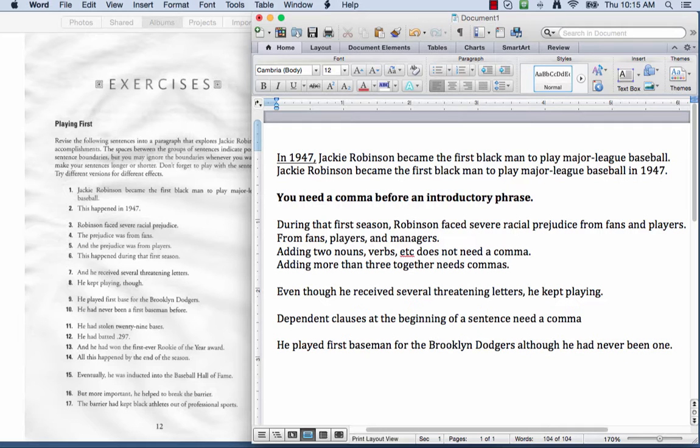If I had said, although he had never played first base, he did for the Brooklyn Dodgers.